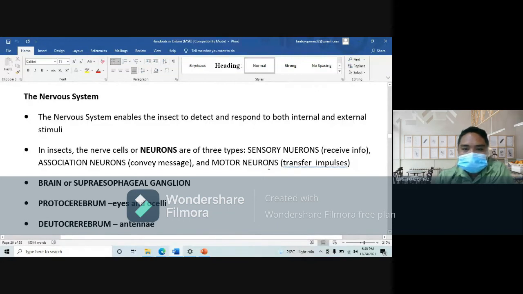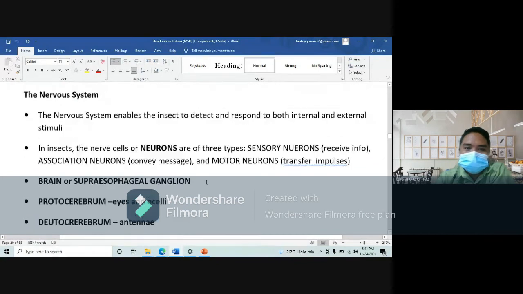The other type of neurons of an insect is the motor neurons, where it transfers impulses from the information being received, and then conveys messages to its association neurons, and then the transfer of impulses. Insects are then able to act. You will wonder how insects jump and fly from one place to the other. That is because of the nerve cells, or neurons.